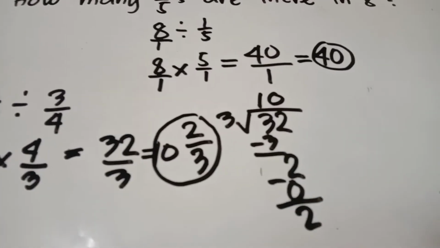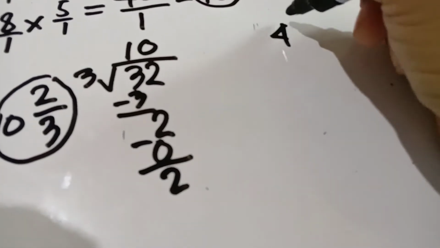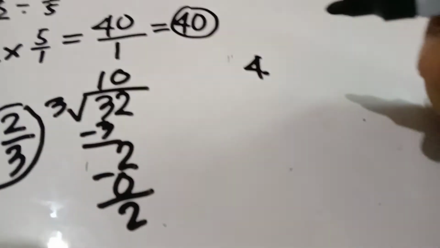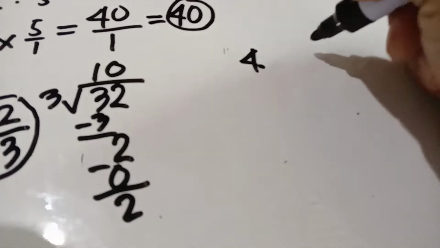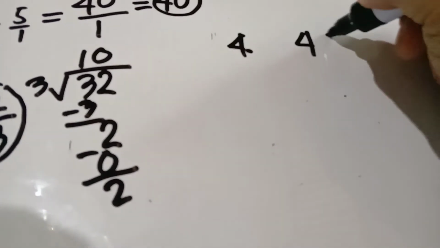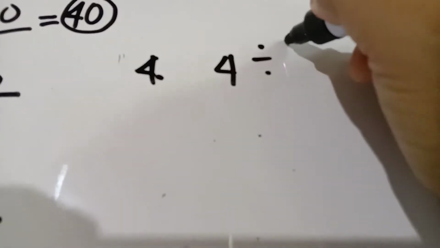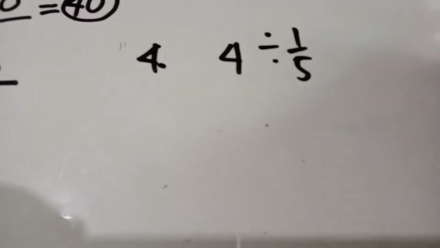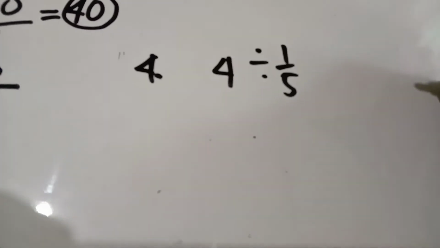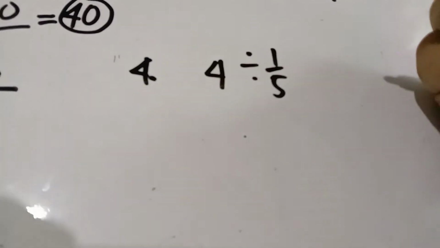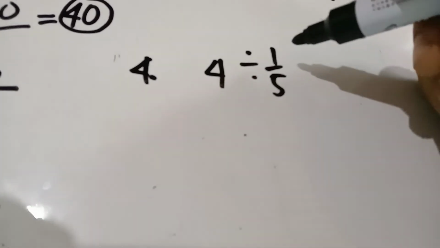Okay, let's have number 4. Okay, let's divide 4 by 1/5. Okay, 4 divided by 1/5. Okay, let's try to look for the quotient of 4 and 1/5.